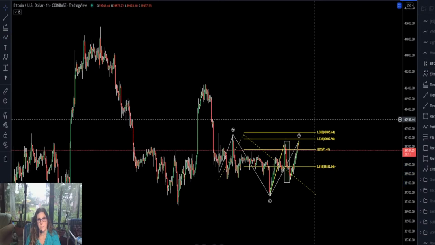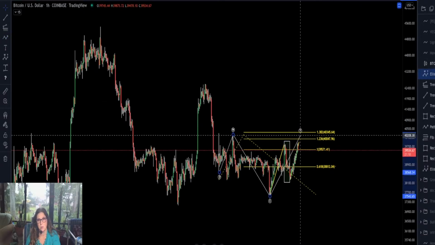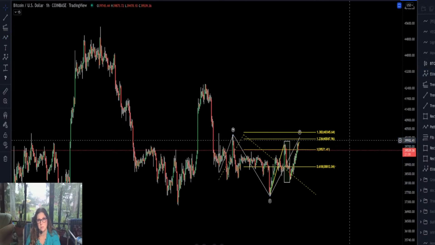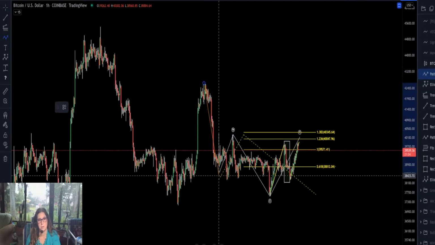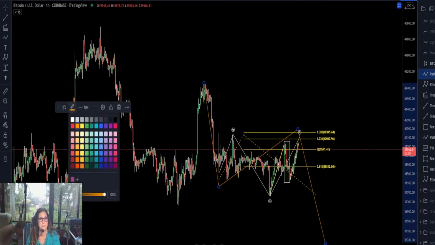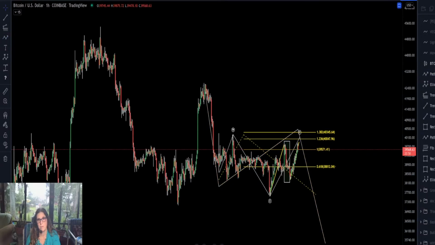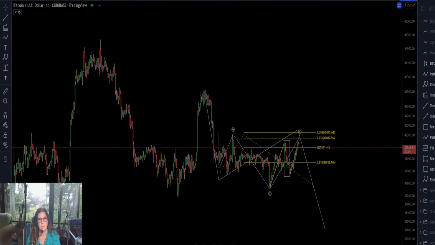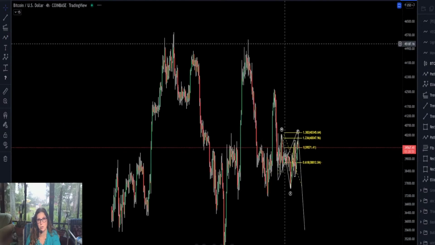But right now, when this Y completes, maybe we can finally connect this and come on down. Maybe, maybe, maybe. And let's watch the triangle trend line.